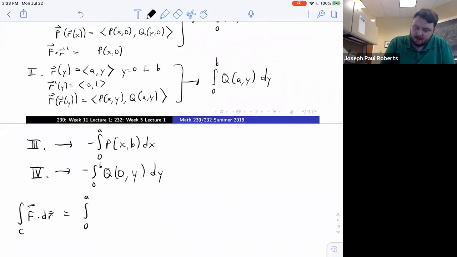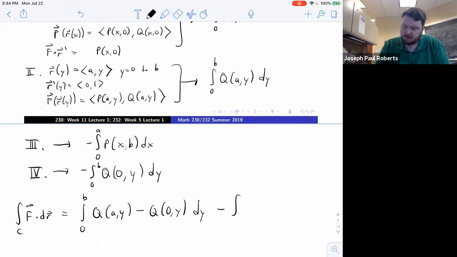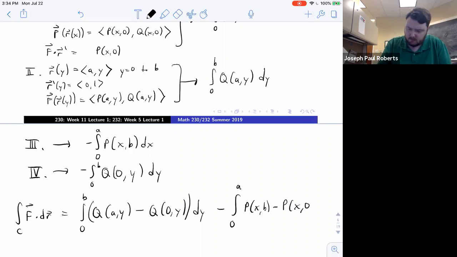It's the integral from 0 to b of Q of a y minus Q of 0 y dy, minus the integral from 0 to a of P of x b minus P of x 0. I know this is a little weird, but this is just what you get when you start setting these up.